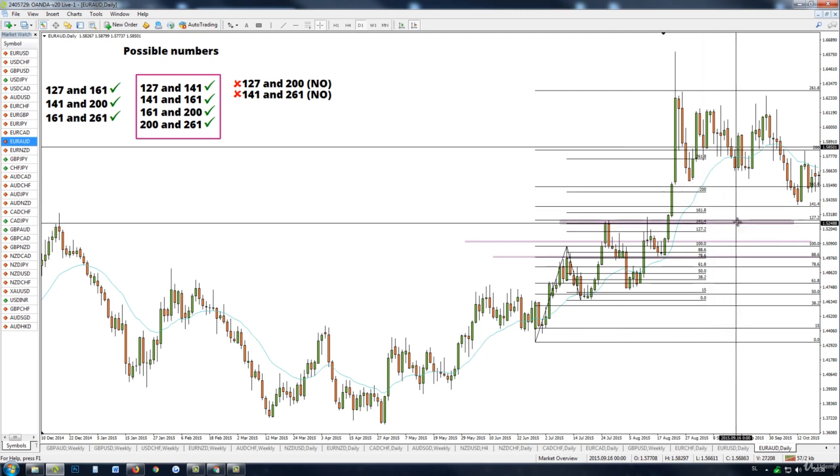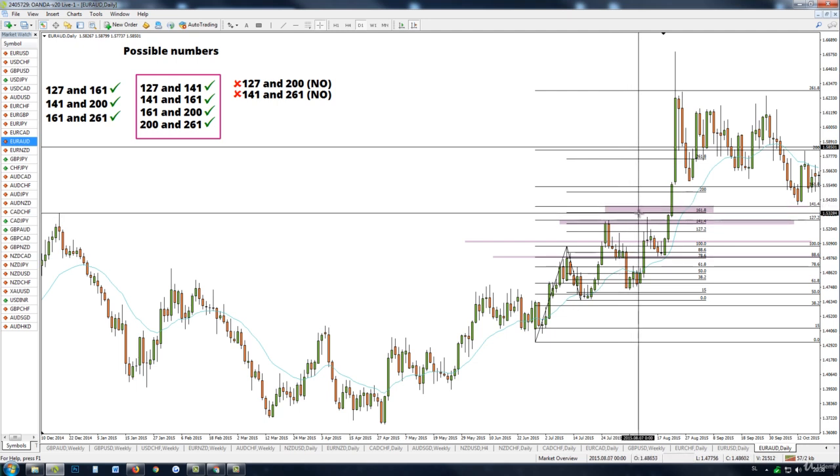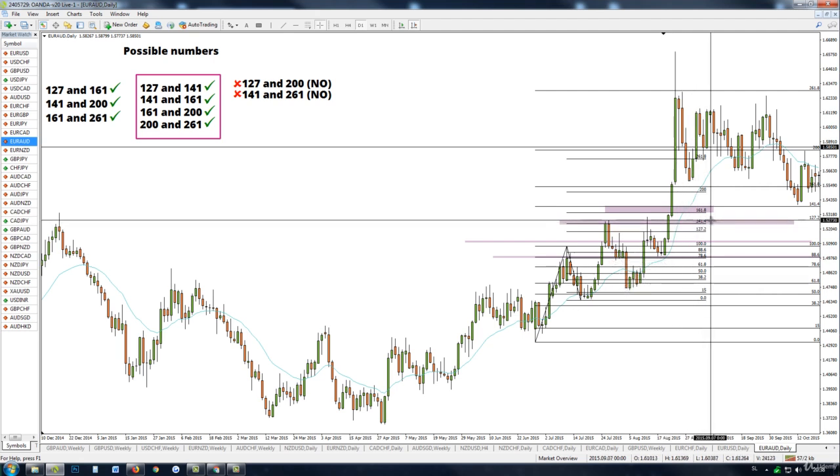All right, and also even these two lines, look at that, 141 and 161 are quite far away for my taste. Here's also another tip, where to put a pending order if the price is like that.